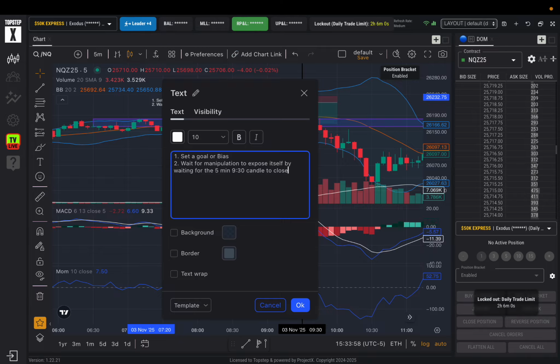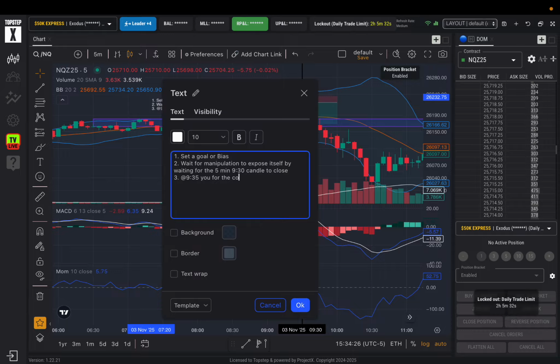So you wait for the 5 minute 9:30 candle to close. Then you wait for the exposure of the direction of this candle at 9:35.